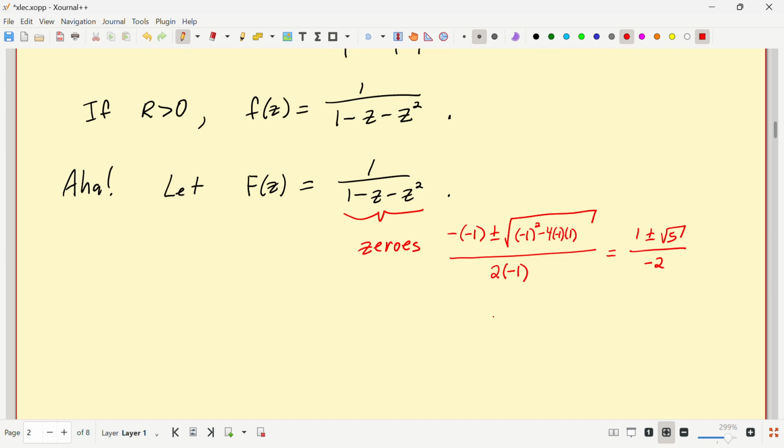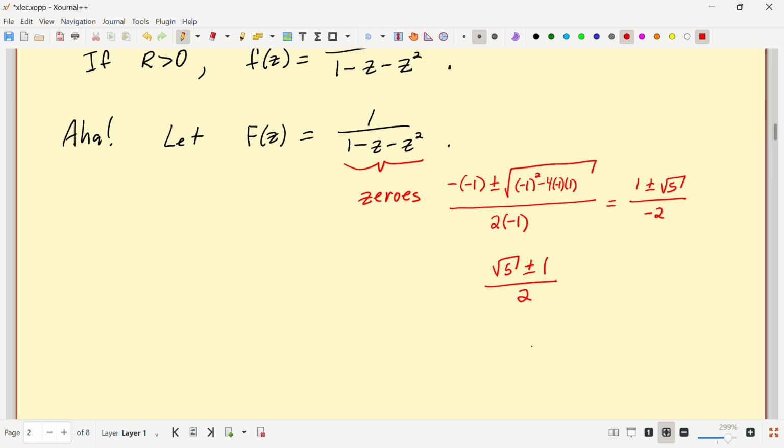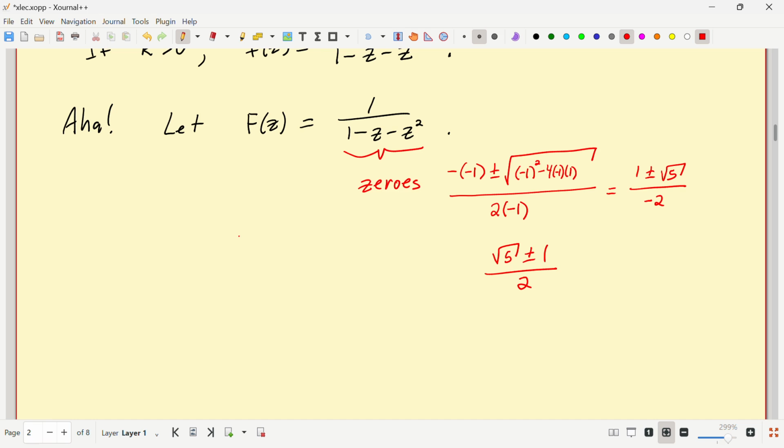So that's the square root of 5 plus or minus 1 over 2. Where do those fall on the complex plane? Shouldn't the 1 just be minus?